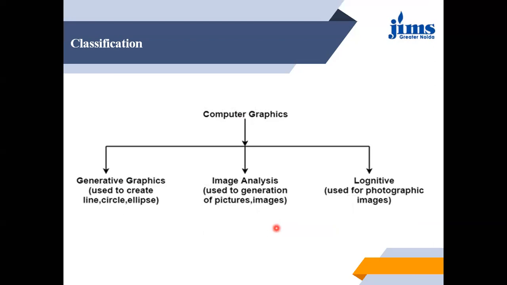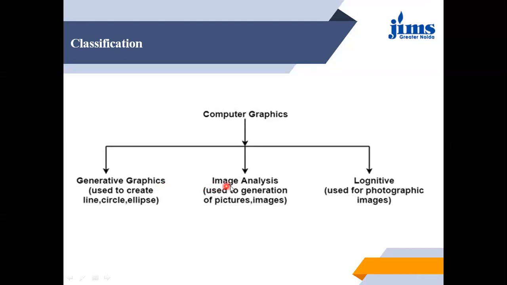On another scale, we can classify computer graphics into three categories. The first one is generative graphics, in which we can create lines, circles, and ellipses. We will discuss these line, circle, and ellipse in scan conversion.